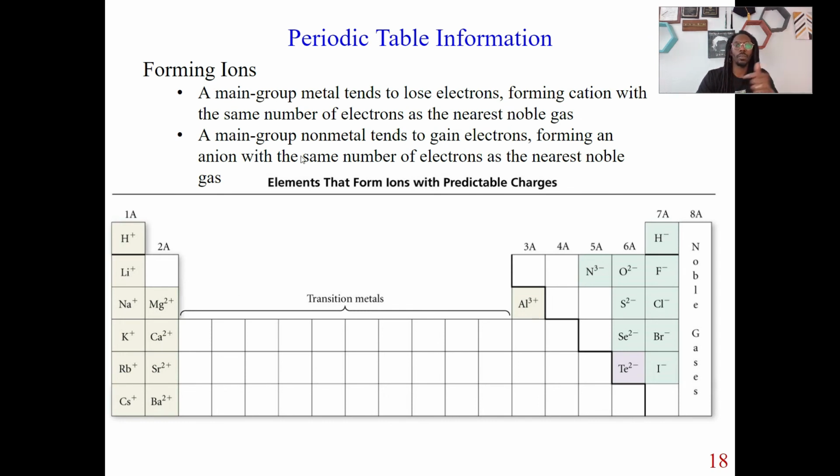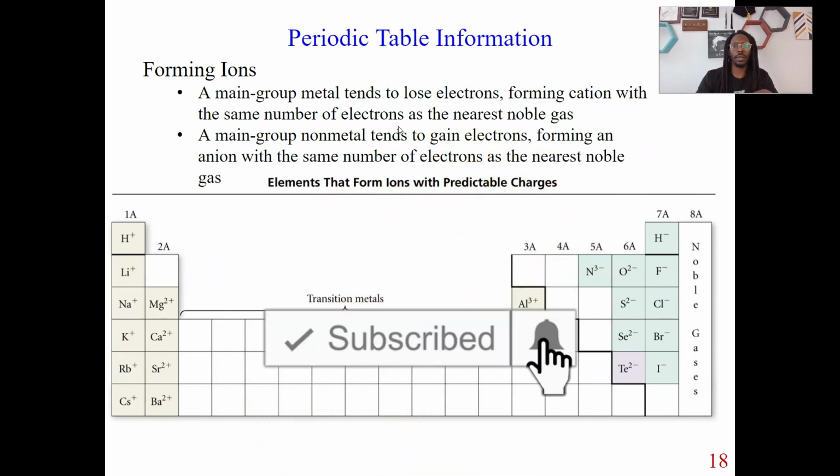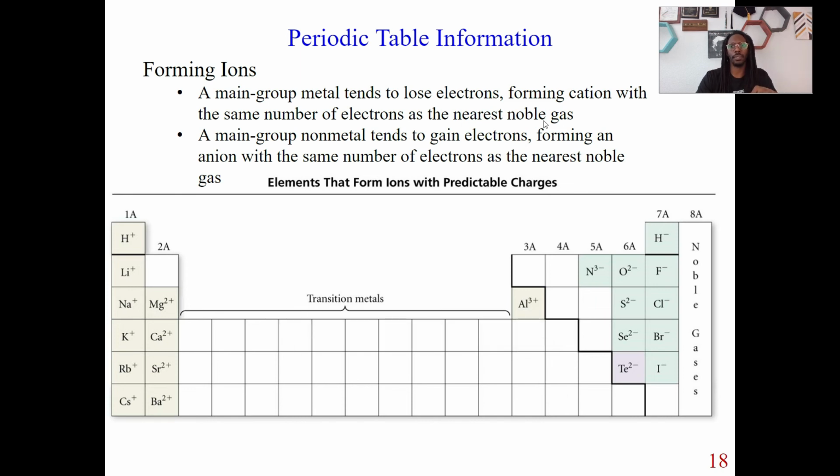Now when they form this cation, this means that they are going to have the same number of electrons as the nearest noble gas. We're going to talk about this a lot more in detail as we go in the semester, but for now, I just want you guys to know that when we're forming these ions, the metals are losing electrons to form those cations.